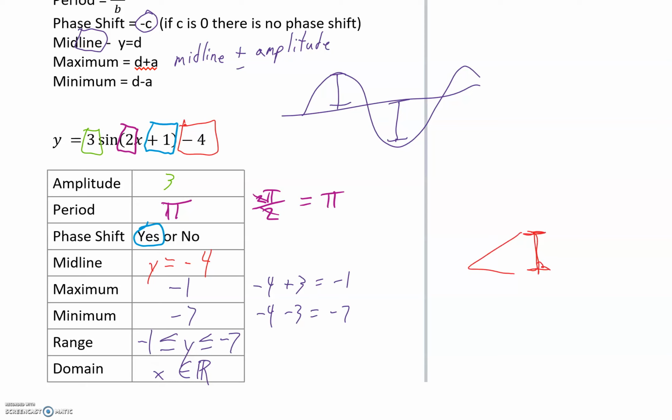This tip is very small, so that number also has to be small, like 2, and on this side we have 100. That's how I remember which side's bigger. So what this is saying for our range is that y is bigger than or equal to -7, and less than or equal to -1.